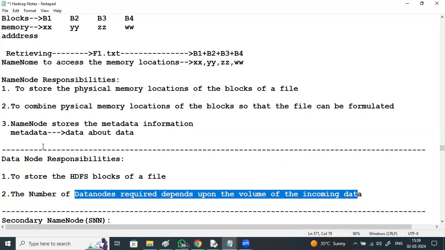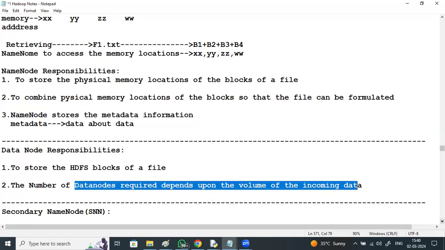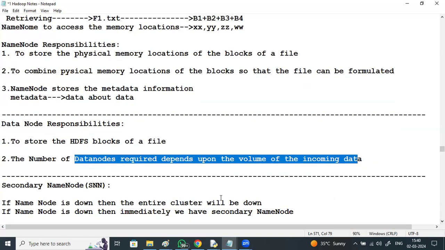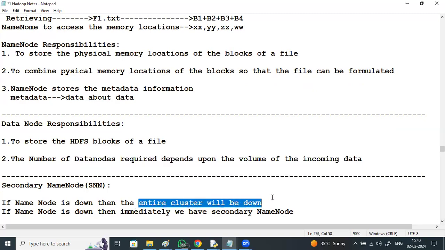Just like in the absence of the principal we have the vice principal, in the same way, if the name node fails, we have the secondary name node available. If the name node is down, then the entire cluster will be down.